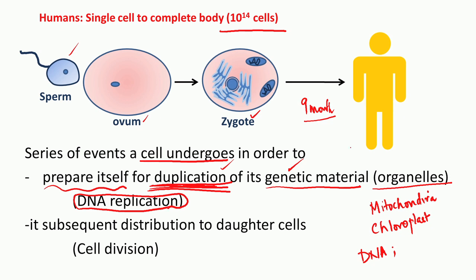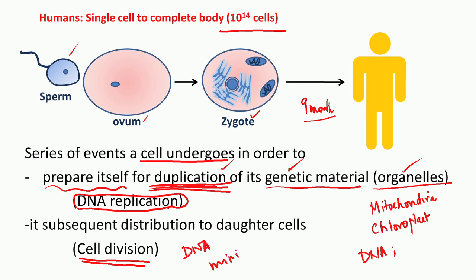So, it has to duplicate its genetic material, and it also has to duplicate and give more copies of different cell organelles. And the second stage of cell cycle is the actual process of cell division. Once the DNA has been duplicated, how is it that the same amount of DNA is passed on with minimal errors?